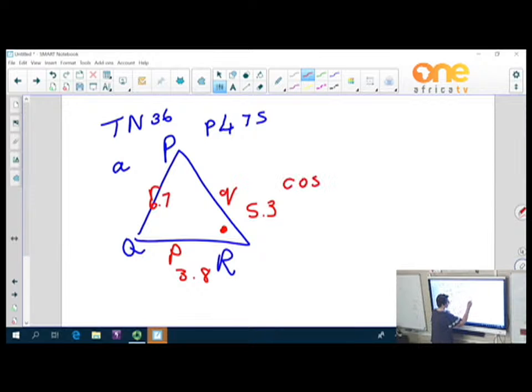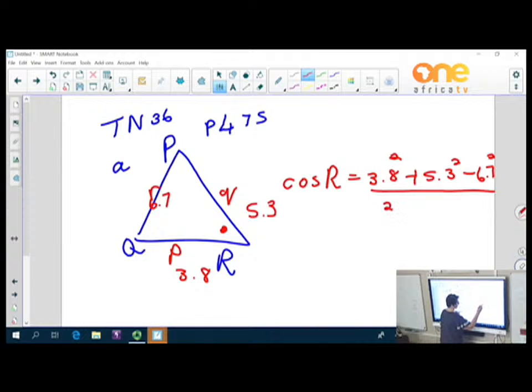So cosine R is then equal to, this is the one that I must subtract, so it will be 3.8 squared plus 5.3 squared minus 6.7 squared. That's the one that you're going to subtract. And then we multiply 2 times 3.8 times 5.3.